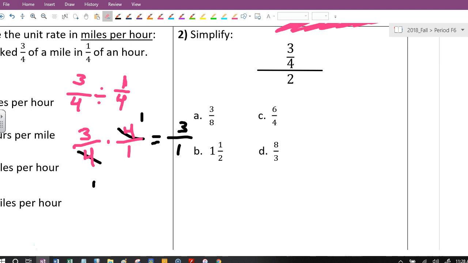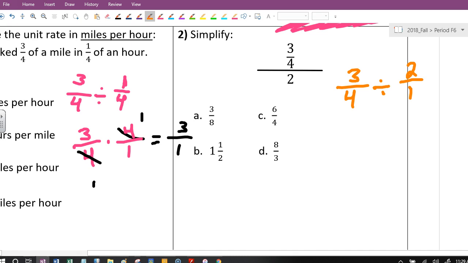Help us out. To simplify 3/4 over 2, you have to divide 3/4 by 2. Right, so you want to rewrite it? You want to pick a color? Orange. Okay. 3/4, how do we rewrite it as a division problem? We want to write it as a division problem: 3/4 divided by 2, or 2 over 1.